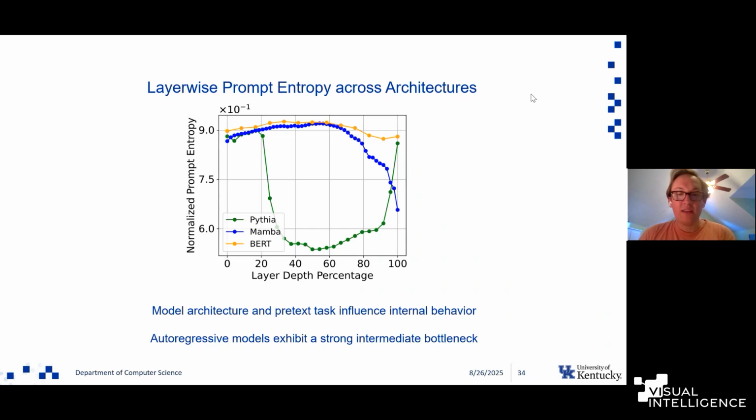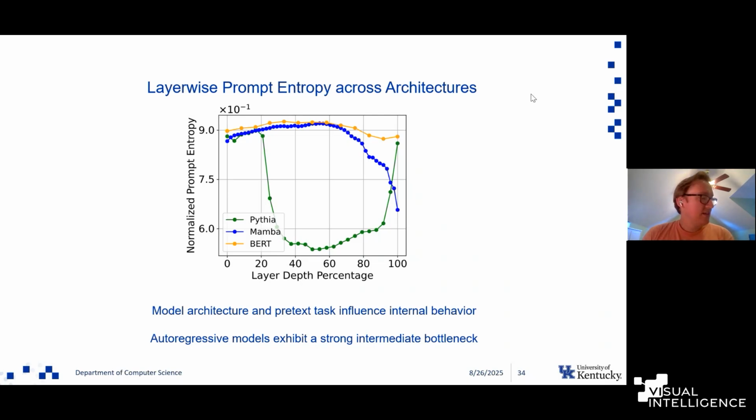Another way to think about it is, if you're familiar with autoencoders, which are networks trained with an encoder and a decoder with some compressed latent space in the middle, it would look like this, where there's some information bottleneck. You can think of this decoder-only model as implicitly, or emergently, I should say, learning an encoder-decoder model inside, where the encoder phase is the first half and the decoder phase is the second half.